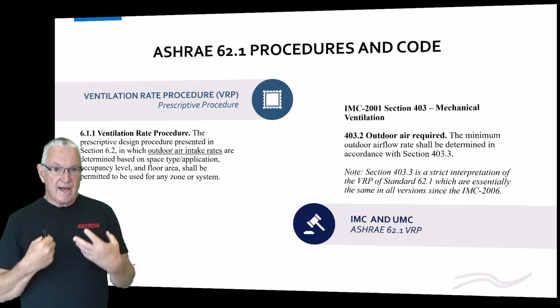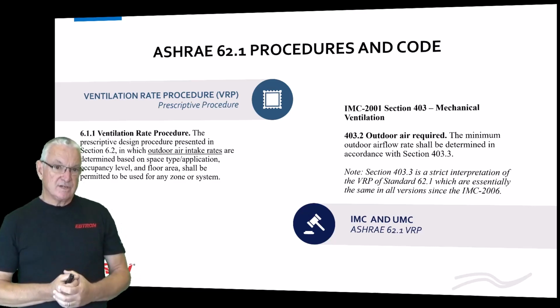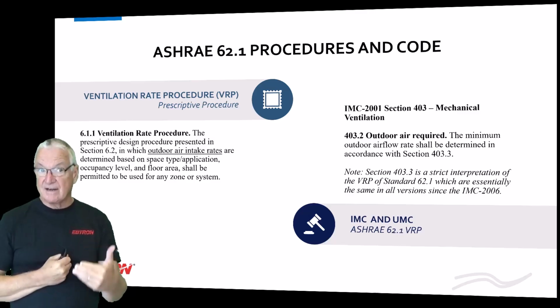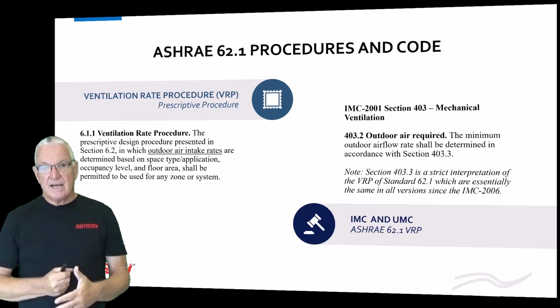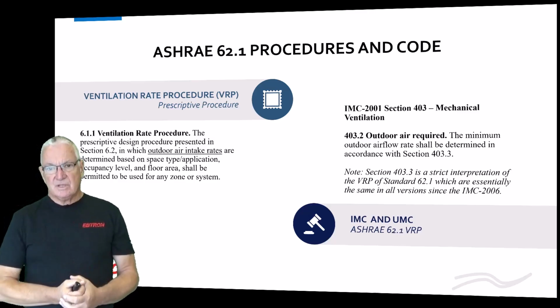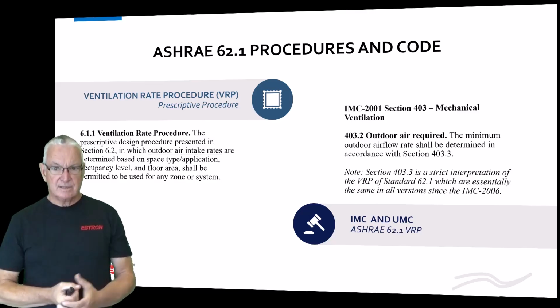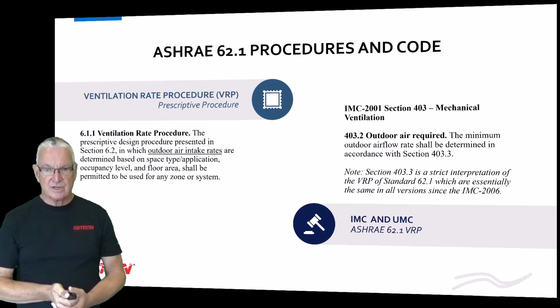That's how you calculate the amount of outdoor air that you need to provide. Unless you're going for a provision for DCV, and then it's a variable outdoor airflow rate based on a varying occupancy level, which we're going to talk about too. When you look at the IMC, and you can just look this up if you don't believe me, the IMC is a strict interpretation of the ventilation rate procedure. It almost looks like the ventilation rate procedure.